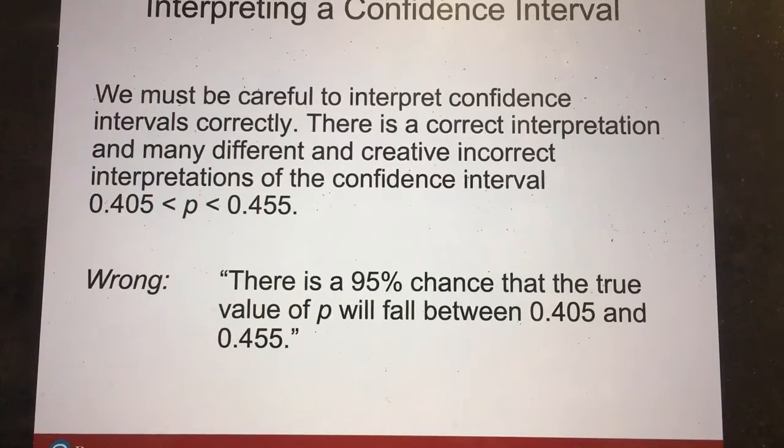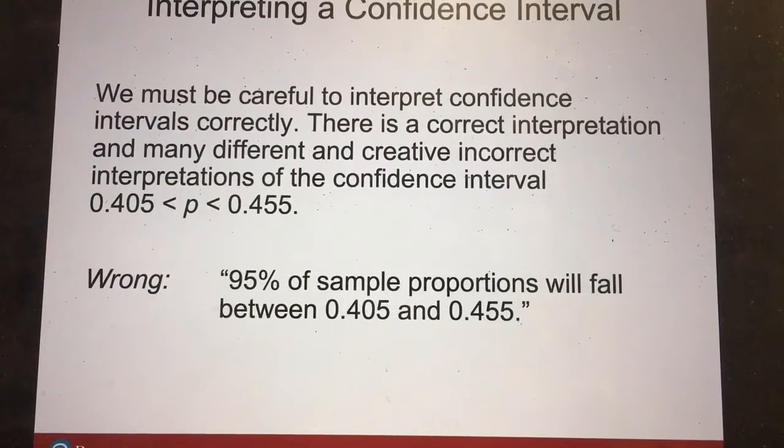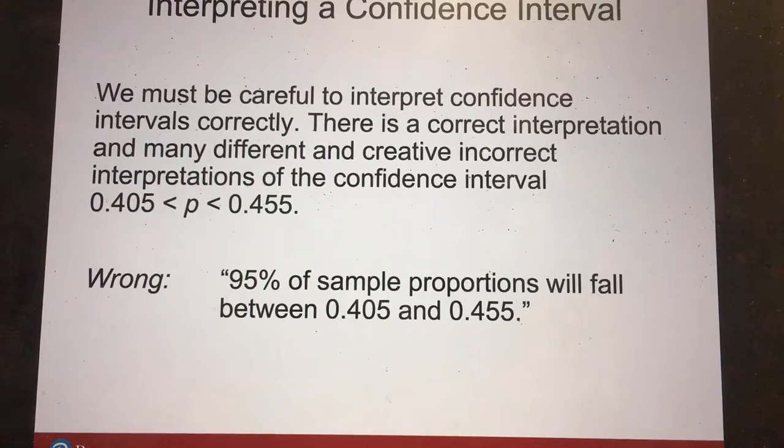The P already exists, and we're trying to develop an interval that has a level of confidence that the true P is in there. And the other one is also wrong: 95% of sample proportions will fall within 0.405 and 0.455. This is also incorrect.